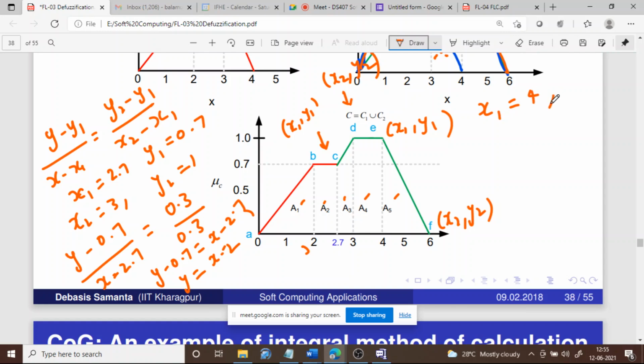X1 is 4. What's y1? 1. What is x2? 6. What is y2? 0. Now plug into this equation. If you plug into this equation, again what will you get?